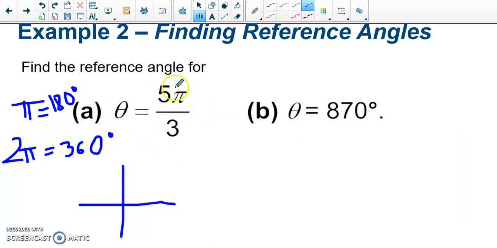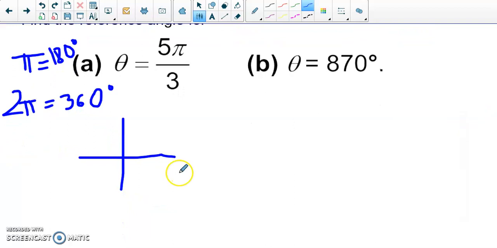In this case, you know it's almost 2 pi, but not exactly. So you subtract 2 pi minus 5 pi over 3. If you convert this, it would be just 6 pi over 3. So it's just pi over 3 that is your reference angle, because that's what completes it.